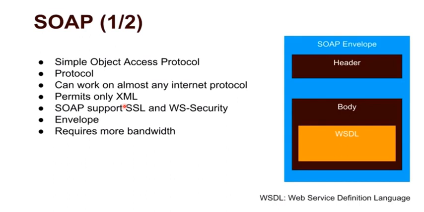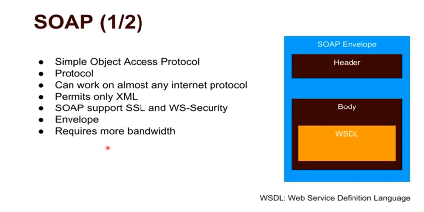As we know, XML is a platform independent tool for transferring data from one system to another. In the design of this protocol we have support from SSL and AWS security, and whatever is transferred is transferred in the form of an envelope.